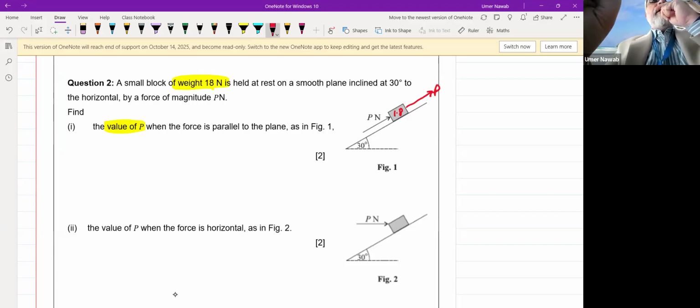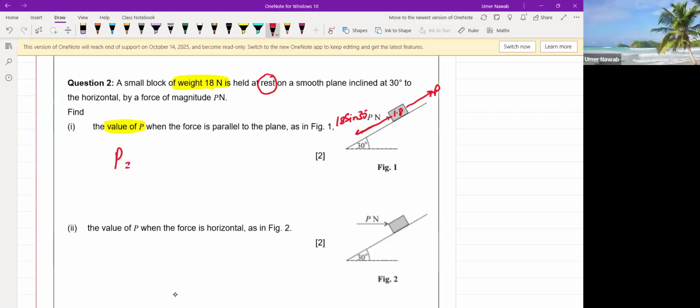Is the system in equilibrium? Yes, the system is at rest. So upward force is equal to downward force. What is the weight component? The weight component has to be weight times sine of 30. So P has to equal 18 sine of 30, which equals 9 newtons. You can easily solve it.